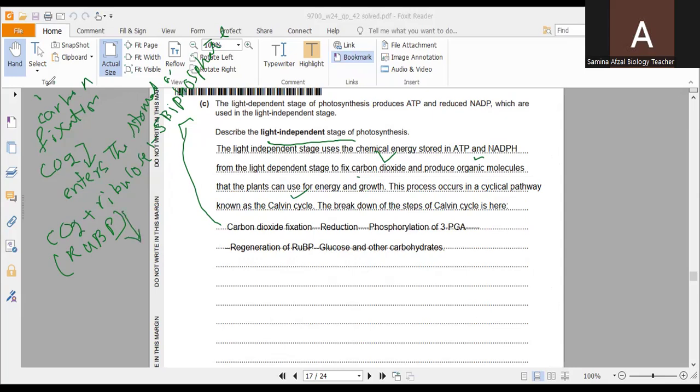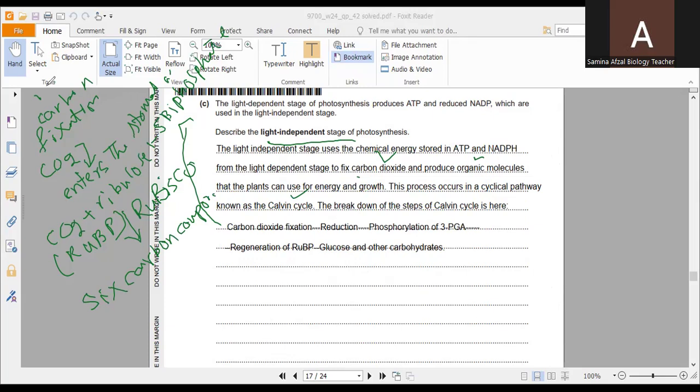This reaction is catalyzed by an enzyme. Which enzyme is used over here? That is RuBisCO. Ribulose 1,5 biphosphate carboxylase enzyme is used for this process, resulting in the formation of a 6 carbon compound.